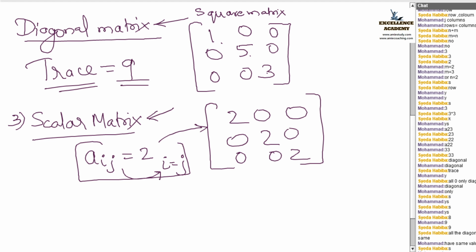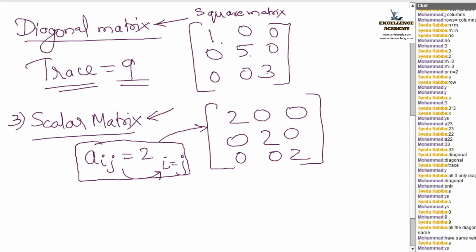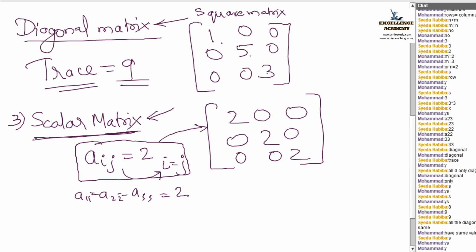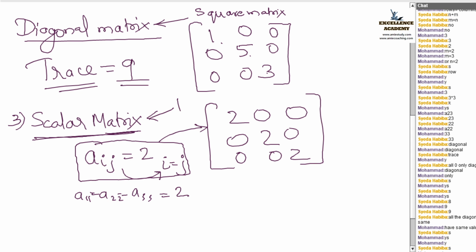Is this condition representing this matrix? i equal to j means A11, A22, A33, everything are equal and that is equal to 2. Therefore, what is the condition? This scalar matrix, should it be a diagonal matrix? Yes, it should be a diagonal matrix.